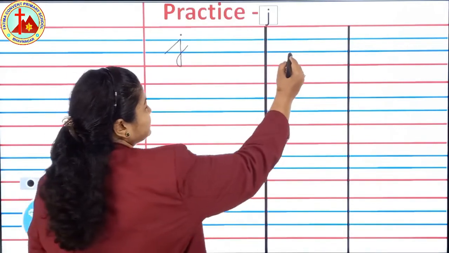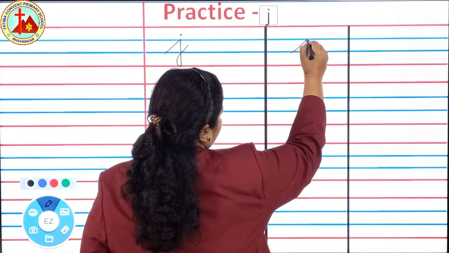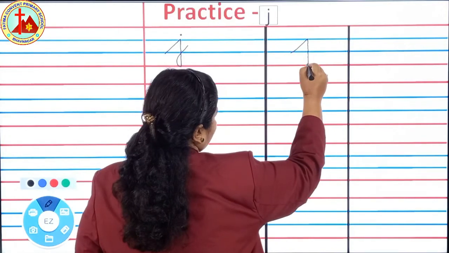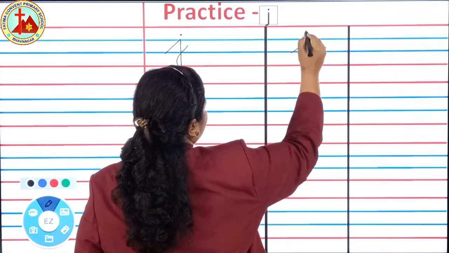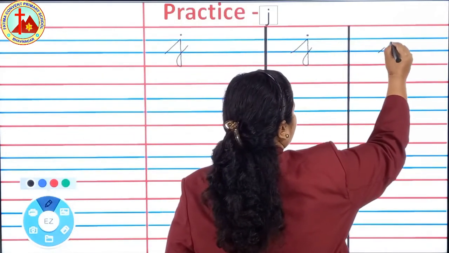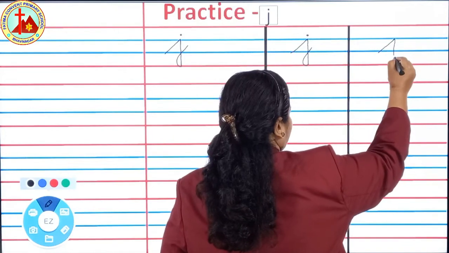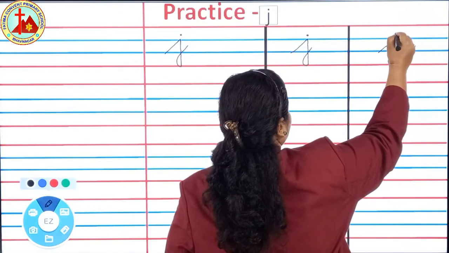How to write? See again, don't do it in a hurry. Slanting line, standing line, take a small loop and put dot. This is cursive writing J. Slanting line, touch the red line, small loop, put dot.